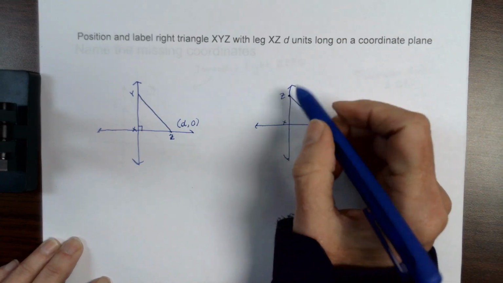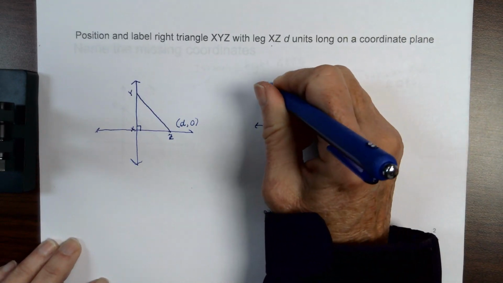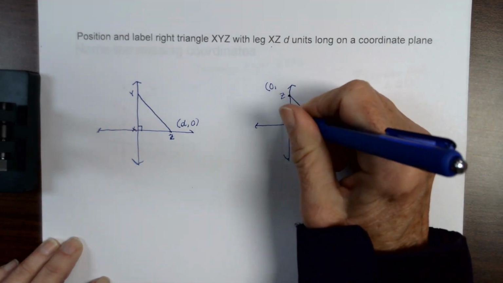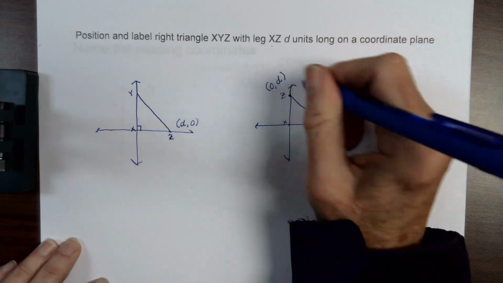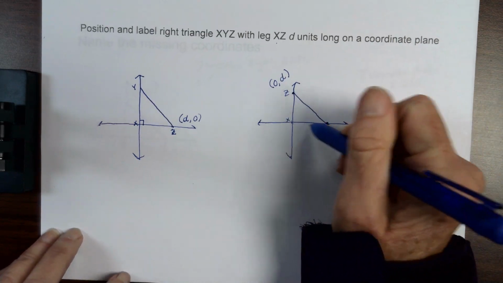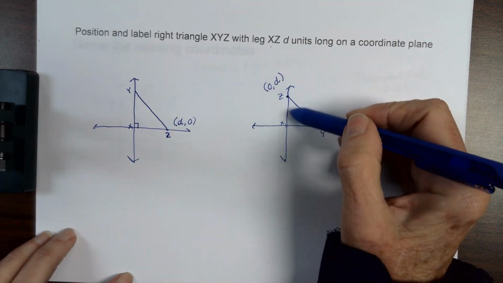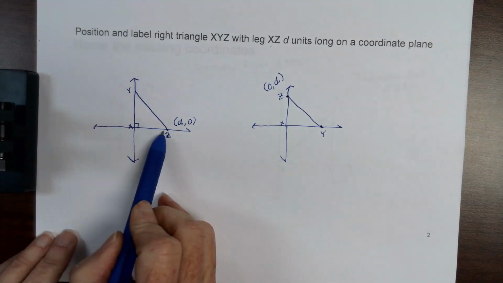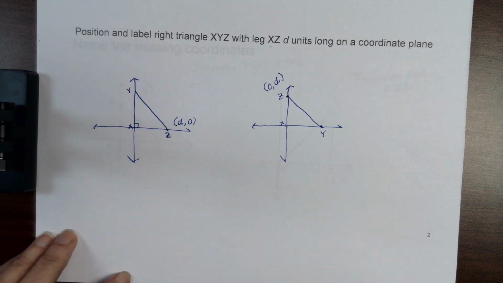So now when it says XZ is D units, I know that the point for Z would be 0 on the X because I've gone over 0, but then the distance from here to here would be D units. So that's like your Y value, how far up you go. Remember, X is horizontal, Y is vertical. So if I'm talking about D units vertically, then my Y value would be D. If I'm talking D units horizontally, then my X value would be D.